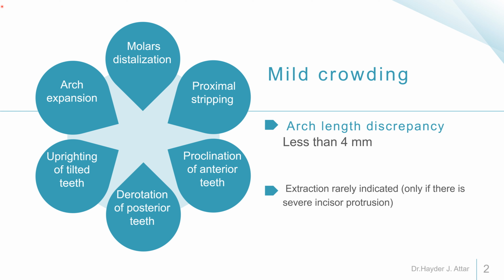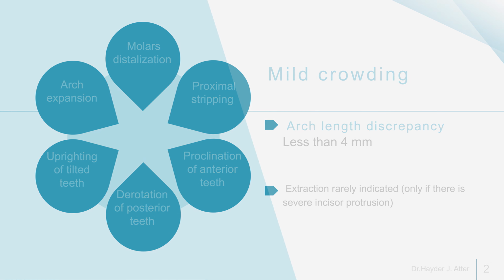So, in mild crowding, we need either molar distalization or proximal stripping or proclination of anterior teeth or derotation of posterior teeth or uprightening of tilted teeth or arch expansion instead of the extraction of the tooth.